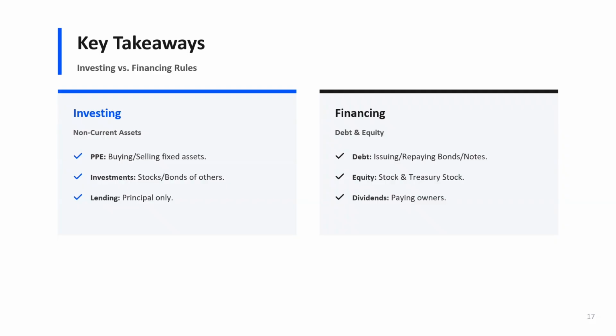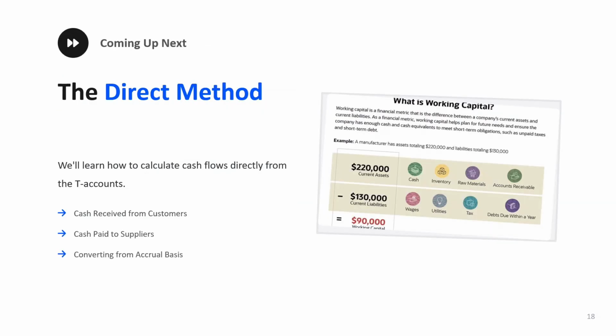This includes issuing or repaying bonds and transactions involving your own company's stock and paying dividends to shareholders. Keeping these categories clear will help you avoid common errors on the exam. It's about understanding the source and use of cash related to the company's capital structure and its long-term assets.